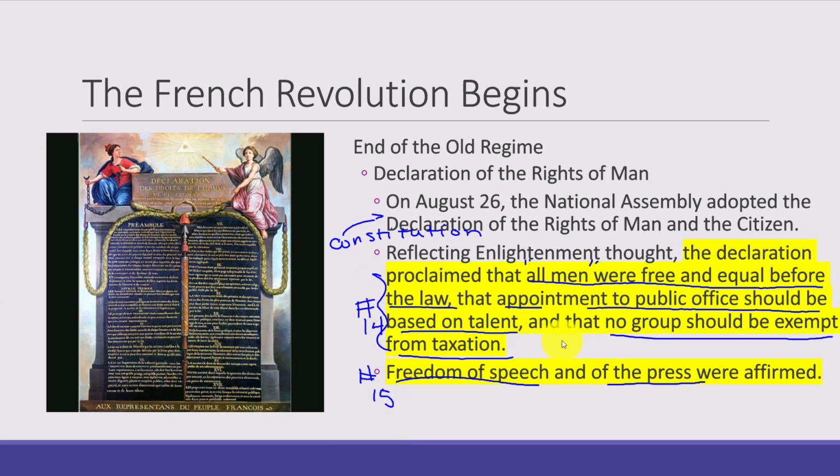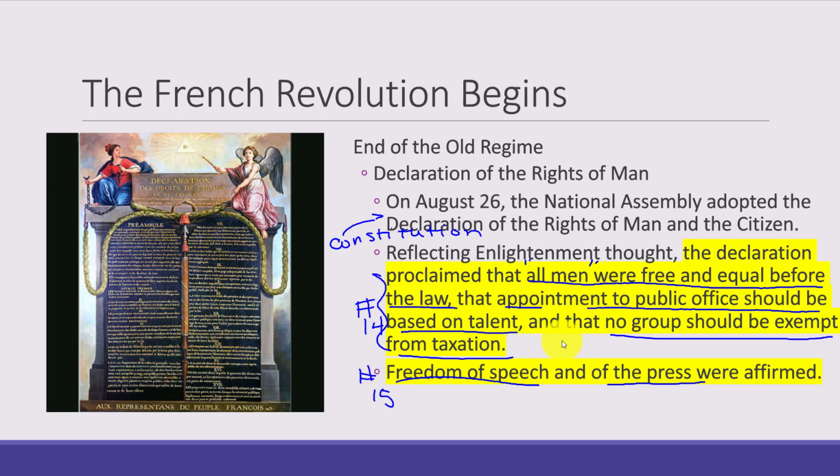All right, so this is 14 and 15. On August 26th, the same National Assembly was able to establish a new constitution. That new constitution was called the Declaration of the Rights of Man and Citizen, which was very close to what the Declaration of Independence was like. A lot of the language was the same. As you see here for number 14, the Declaration of the Rights of Man and Citizen mentioned that all men were free and equal before the law.